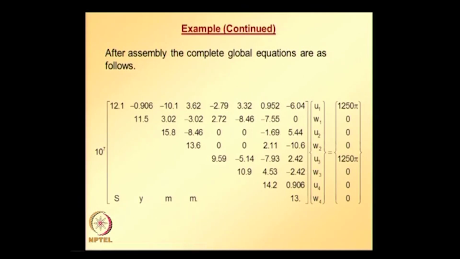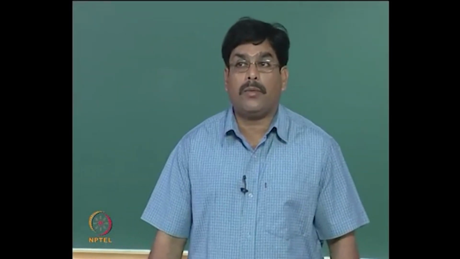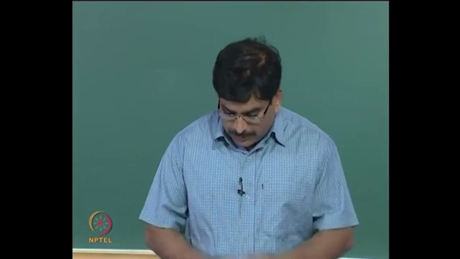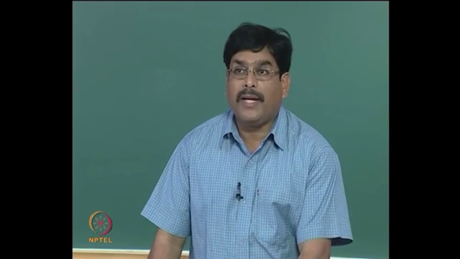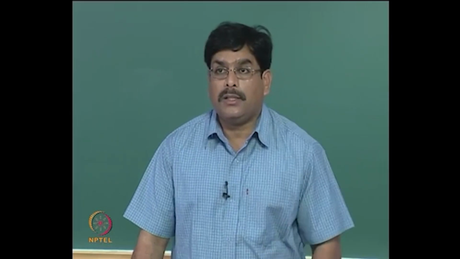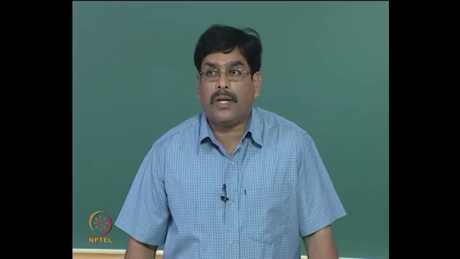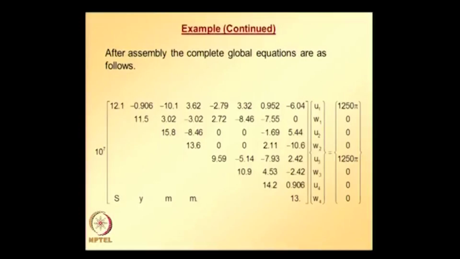Or if somebody is smart enough, they can directly write the reduced equation system, because W1, W2, W3, W4 are all 0. We can eliminate those rows and columns and write the reduced equation system directly. So this is the full complete global equation, and the essential boundary conditions are W1 equal to 0, W2 equal to 0, W3 and W4 equal to 0.